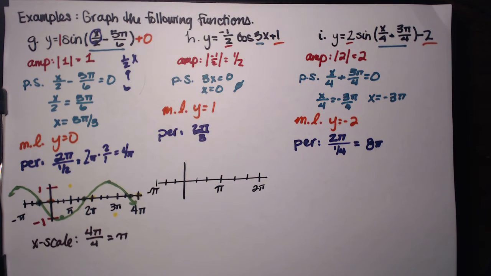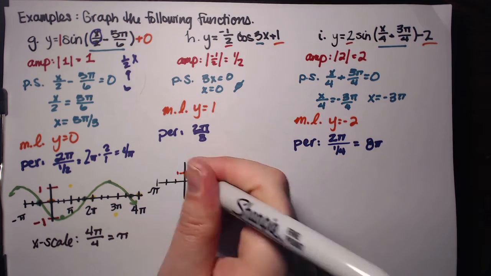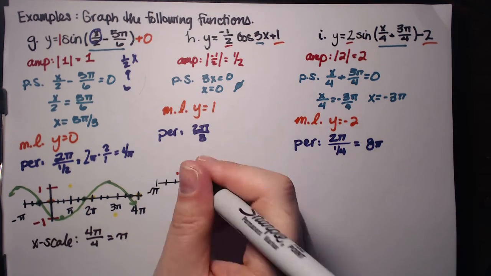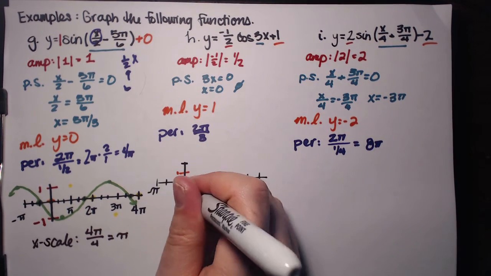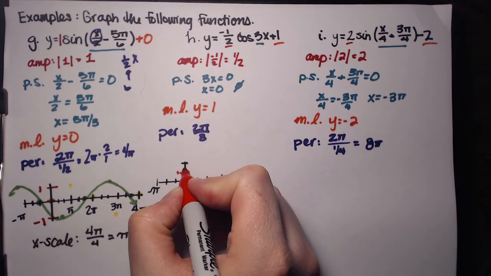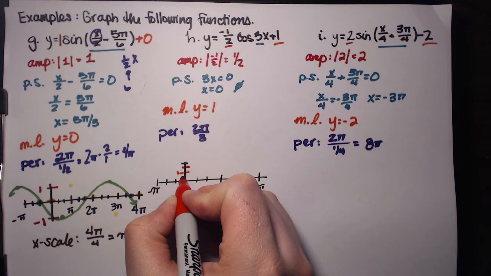The midline is 1, so this is being moved up 1. The amplitude is 1/2. So that means there's 2, I want halfway above that and halfway below that.